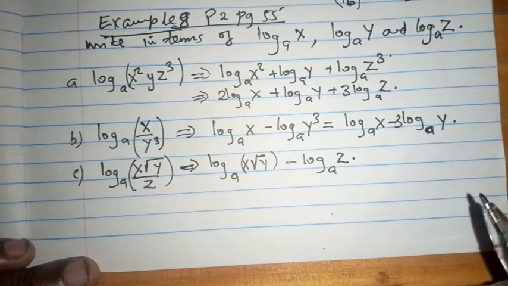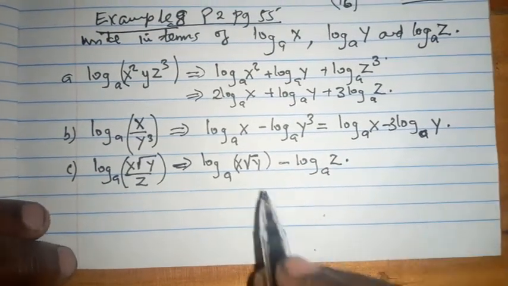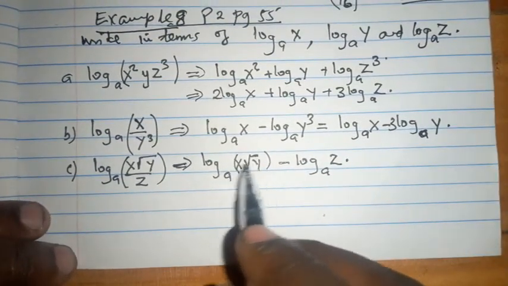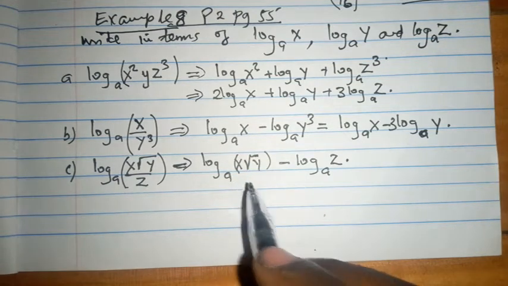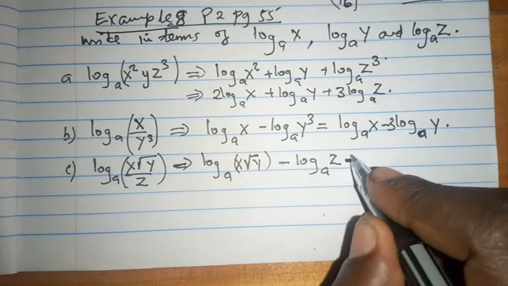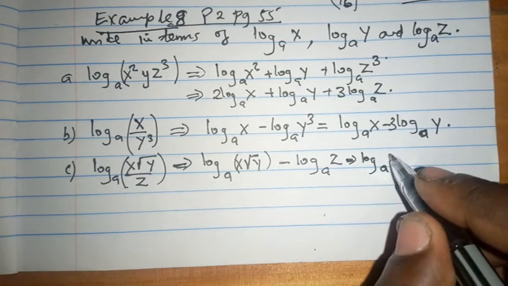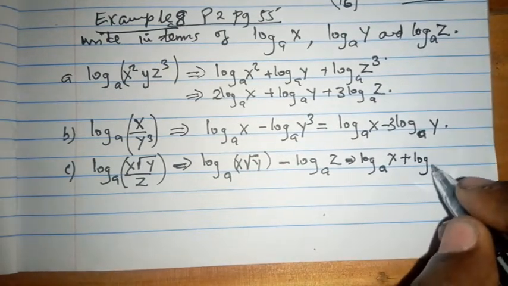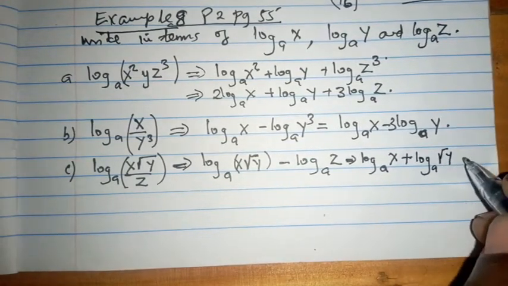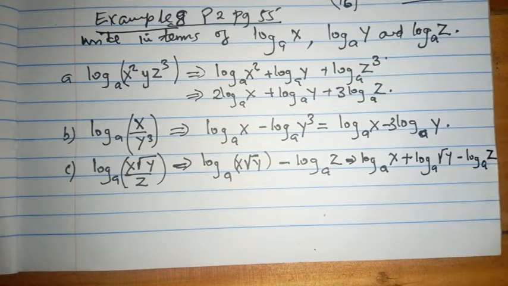We have now pulled the denominator apart, and of course we can see there is a multiplication of x and root y here, so it continues to be log to base a of x plus log to base a of root y minus log to base a of z.